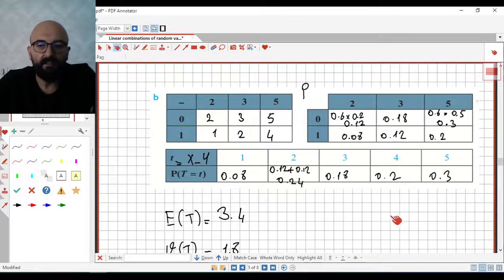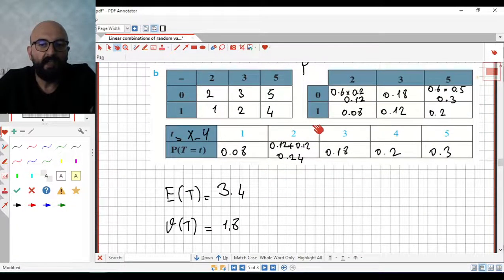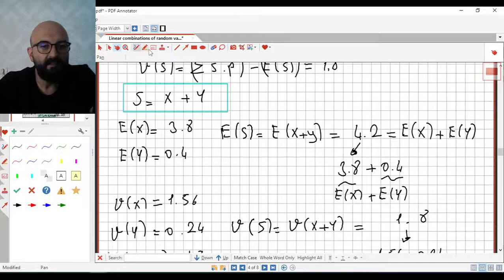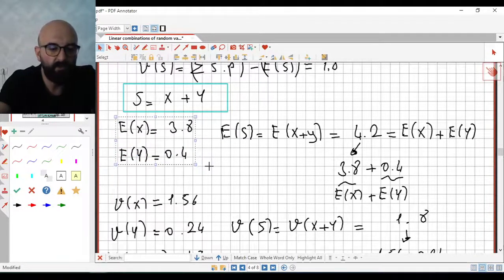And let's look at x minus y, and I want to write again their expected value and their variance value.